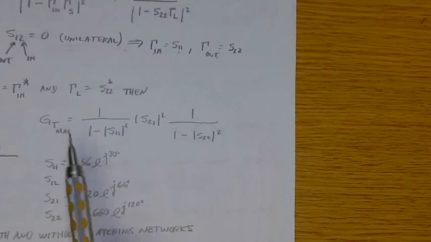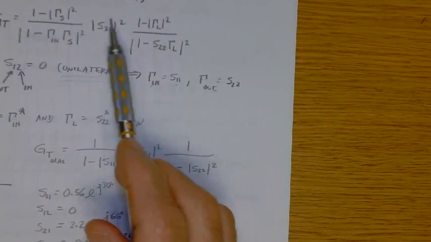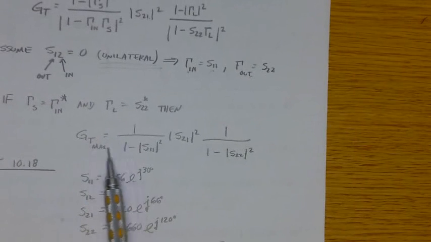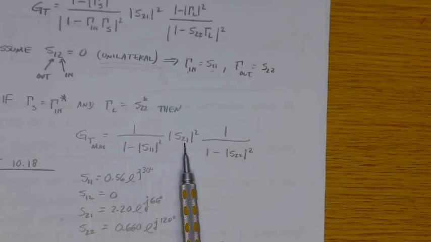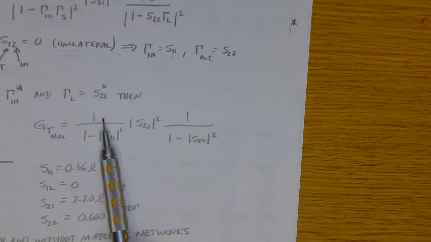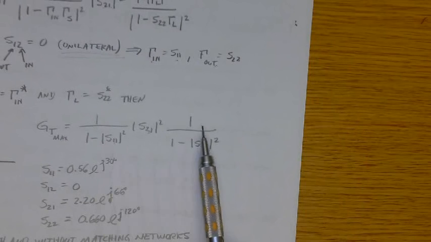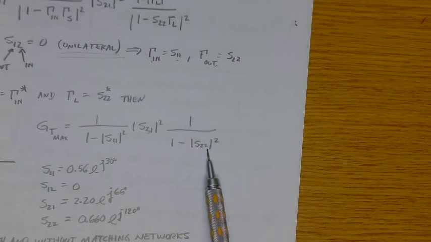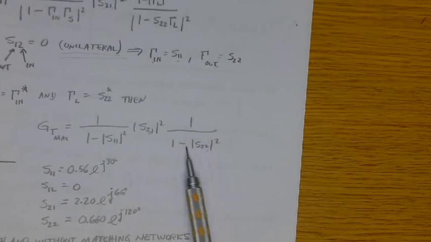And so your gain under the unilateral assumption is still S21, the forward gain of the transistor, but it's got these other terms, 1 over 1 minus S11 squared, 1 over 1 minus S22 squared.